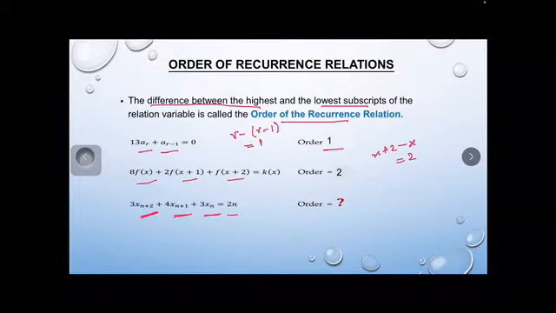So the order of this is 2. Clear how to find the order of the recurrence relation? If the nth term depends on the previous two terms, the order is 2. If it depends on the previous one term, the order is 1. So you can calculate the order of the recurrence relation.